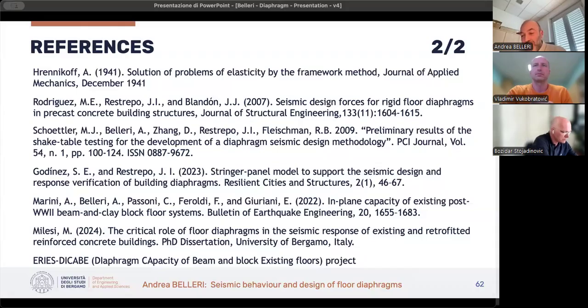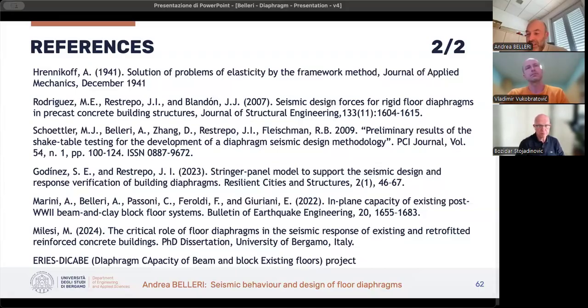I think it's possible with the same model, in the case of modeling a moment resisting frame and embedding this refined 3D model, to capture it. I think it's a very good point to see what happens in this system in the case of beam elongation.